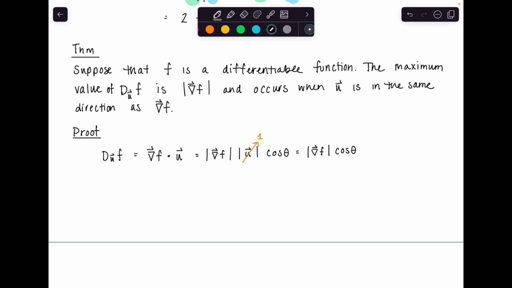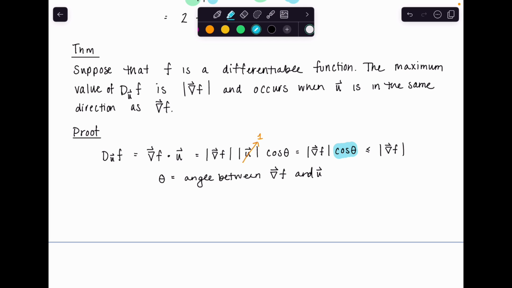Okay? Where theta is the angle between the gradient vector and u. And so if you think about this expression, the most the cosine function will ever be is 1. So at most, this directional derivative is the magnitude of the gradient vector.